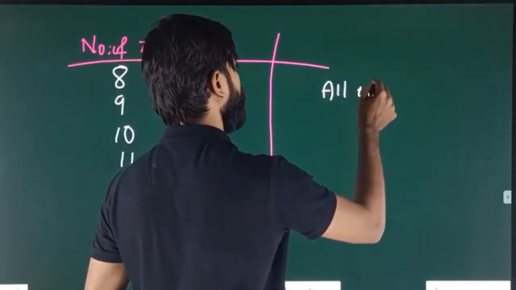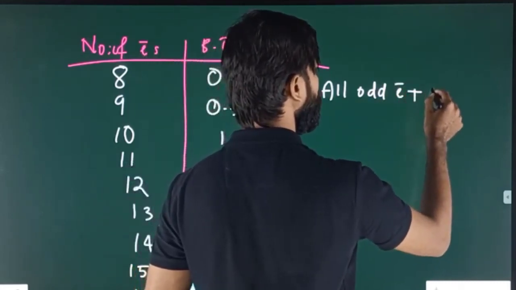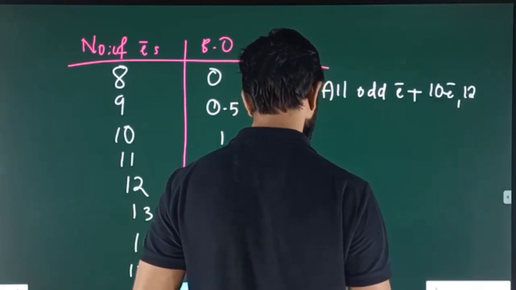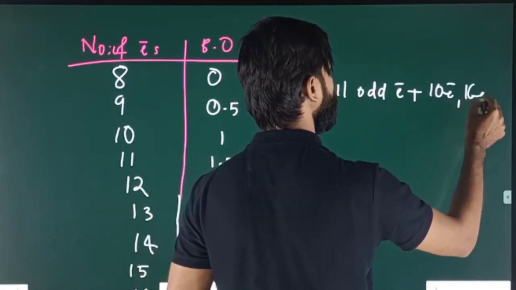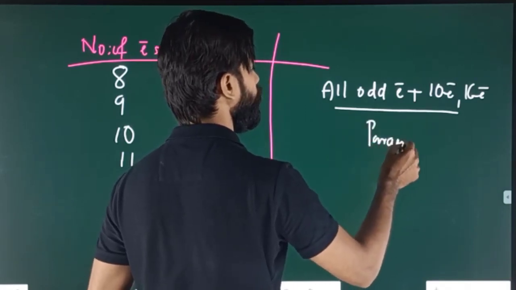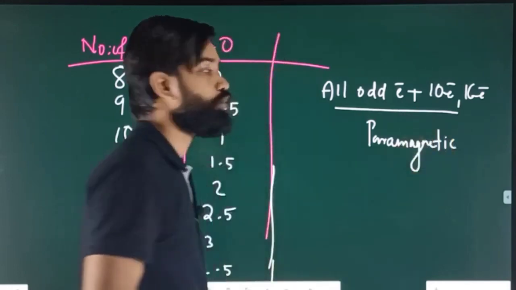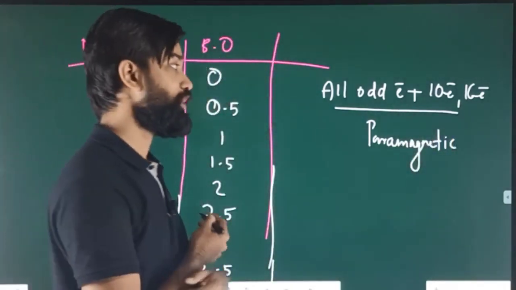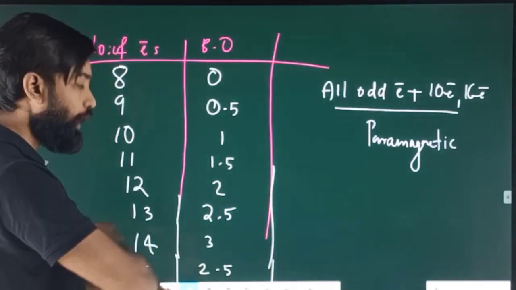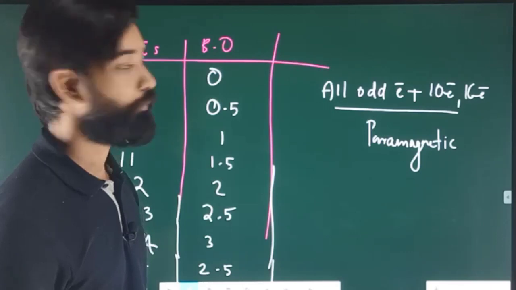In addition to that, even electron species of 10 electrons like boron, and 16 electrons like oxygen, have paramagnetism because they have unpaired electrons. Others are diamagnetic. So this is a very important idea.